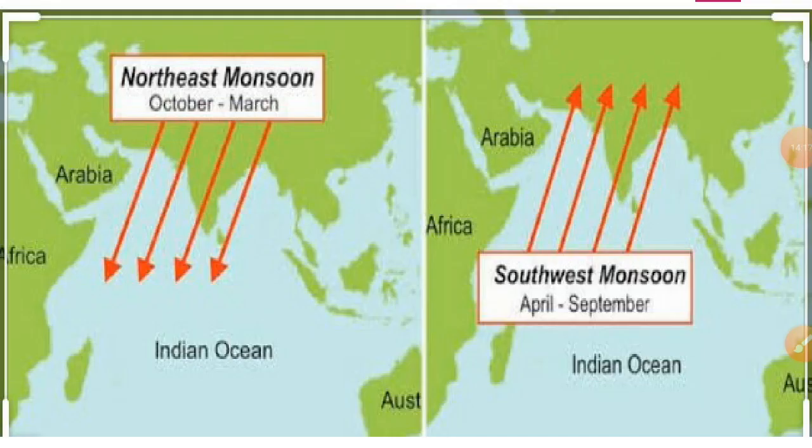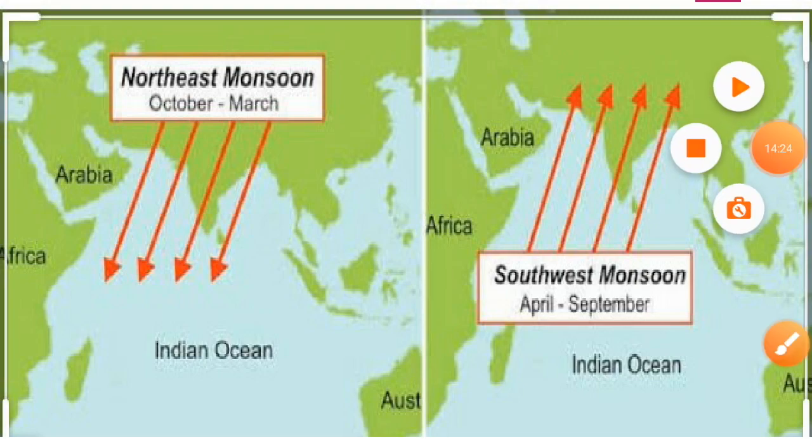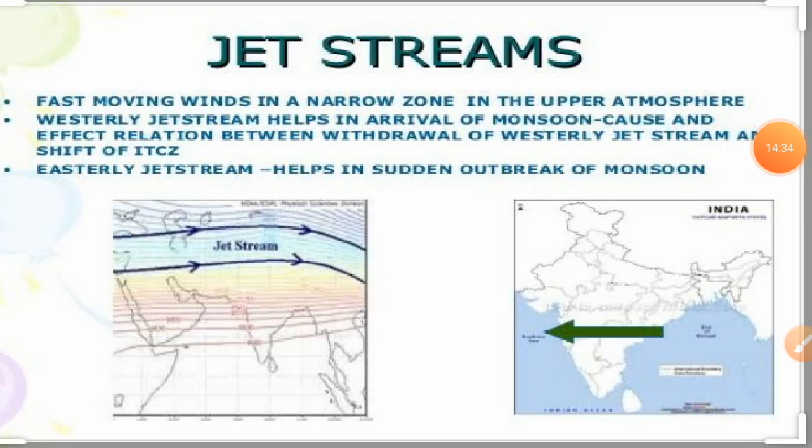Next, the divisions of monsoon. It is divided into northeast monsoon and southwest monsoon. Northeast monsoon flows from land to sea. Southwest monsoon flows from sea to land. The next important question is jet stream.